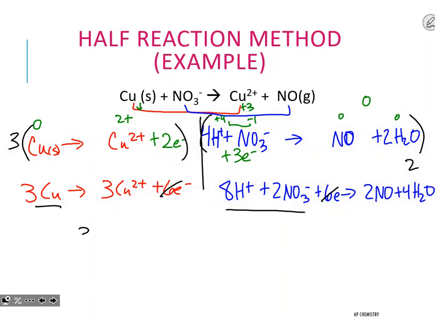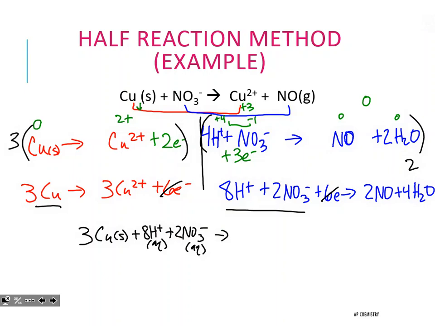Okay? 3Cu, and this would be a good time to add in your phases instead of rewriting them over and over again. But anything that's an ion, what are we going to put by it? AQ. And then over here, we're going to put all the products.